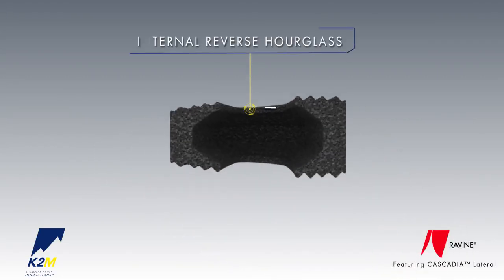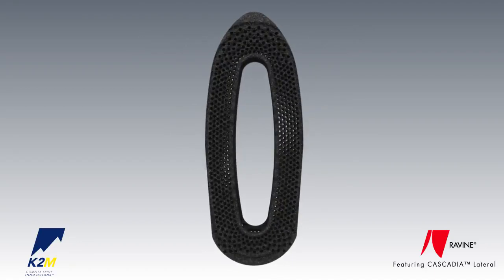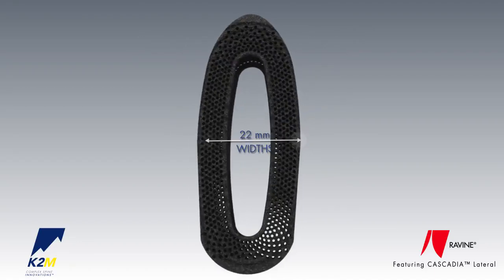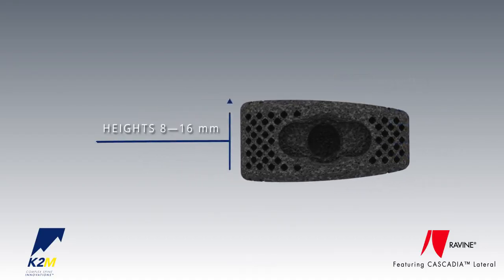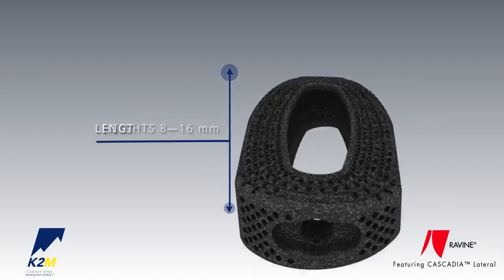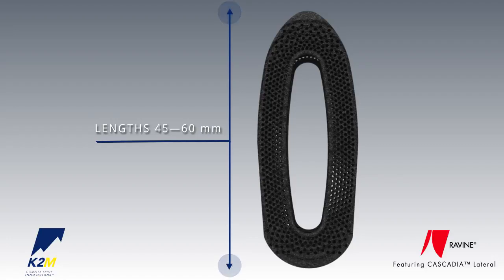The internal reverse hourglass implant design allows for increased end plate contact compared to an elution peak interbody without sacrificing internal bone graft volume. Cascadia Lateral is offered in 22 mm widths, parallel, 8, 12, and 15-degree lordosis, with heights ranging from 8 to 16 mm and lengths from 45 to 60 mm.